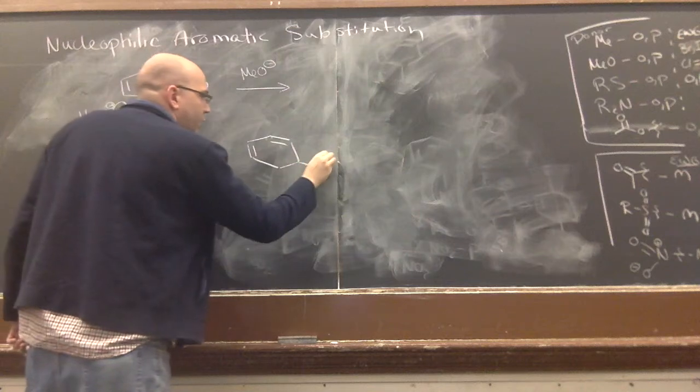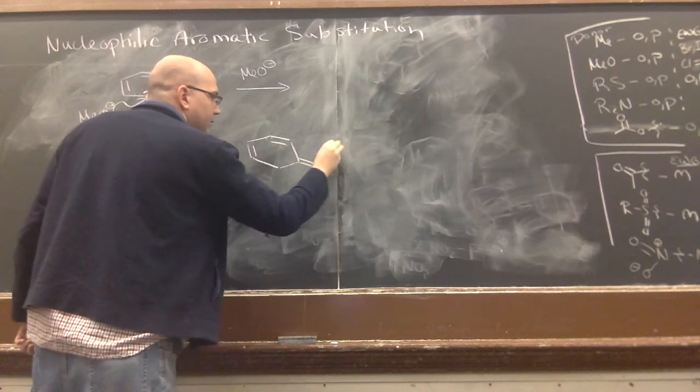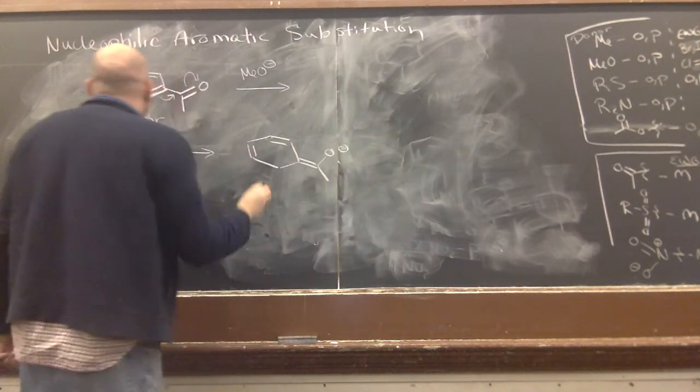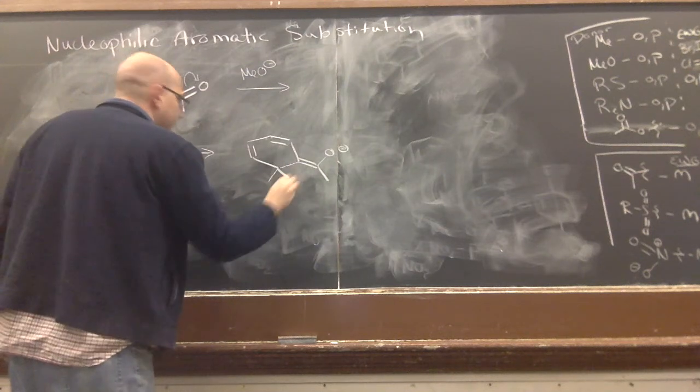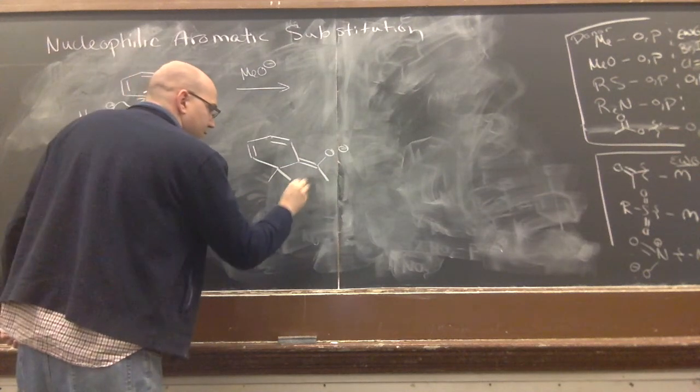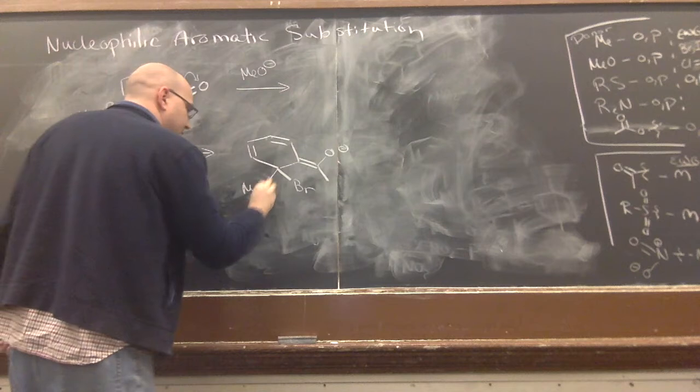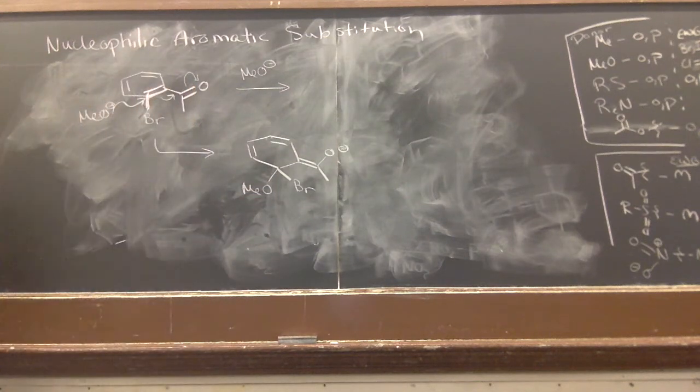So we'll be at something like this. So why can we not just attack and have the bromine leave? Right? We can't do that in part because you can't do standard substitution chemistry on an sp2 hybridized carbon.